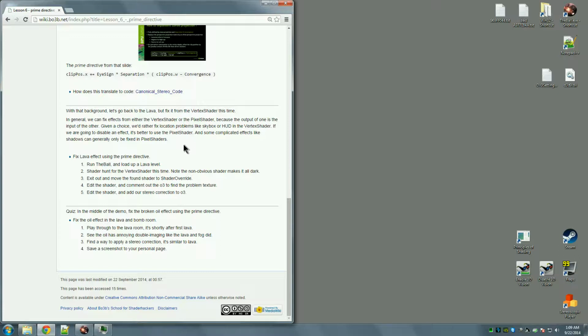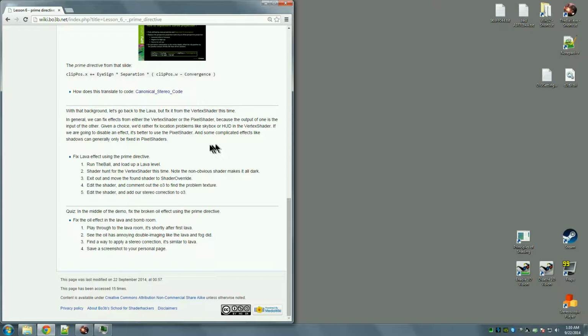Now if we want to make the HUD a little bit more transparent, that would actually be a pixel shader, because transparency effects are typically applied in the pixel shader. And some very complicated effects like shadows and water and fire typically are done in pixel shaders using deferred rendering, which is a future class we will talk about.